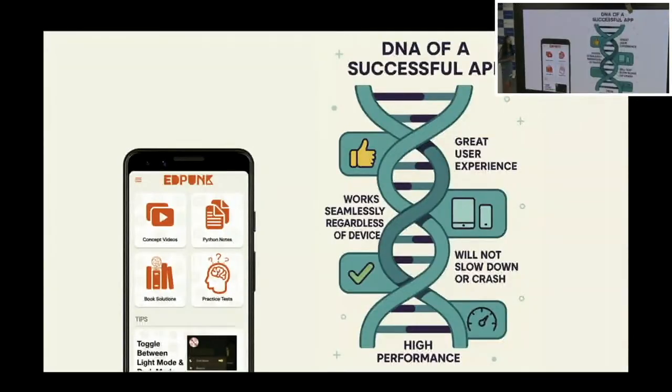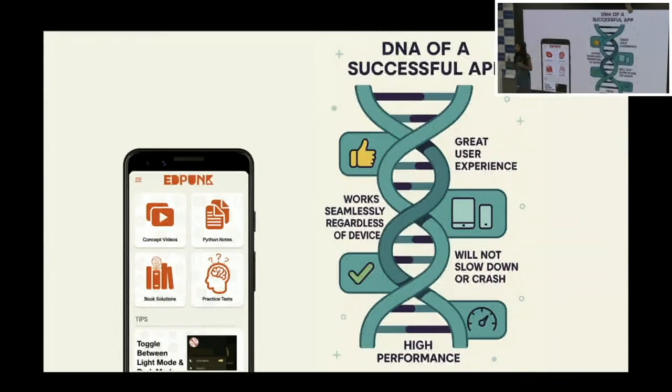So now we come to the key question. We are talking about a lot of successful apps, but what is it that makes an app successful? How do we define a successful app? And what are the constituents that we need to have an app as a successful app? So first is great user experience, and that is a completely non-negotiable thing.